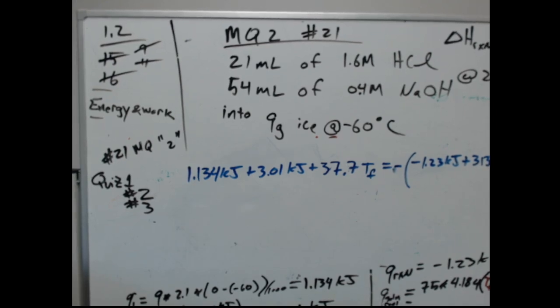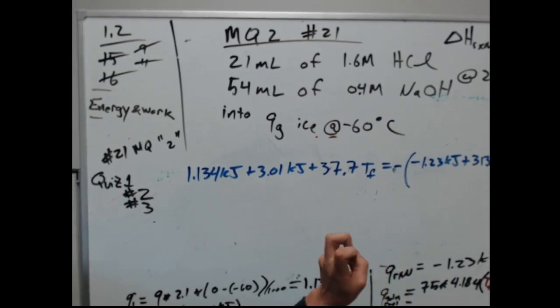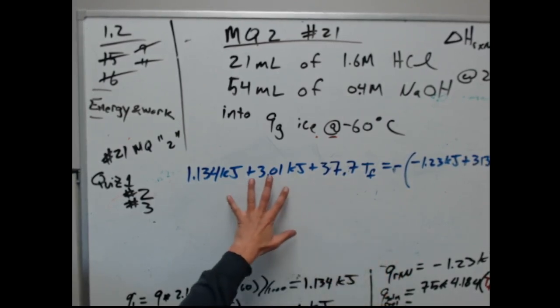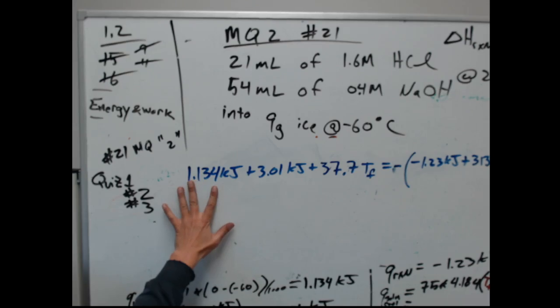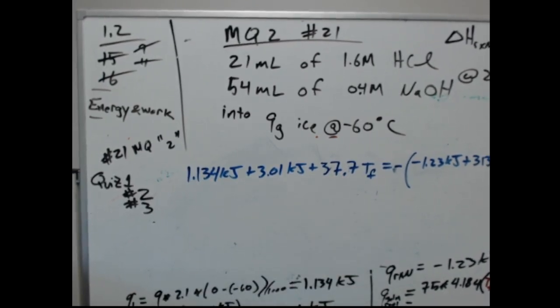Right, so the reaction is going to kick out energy. The warm water, the reaction water, is going to kick out energy. They're both going to kick out energy into the ice to heat the ice, melt the ice, and warm that melt. Lots to keep track of. Like you said, it's not hard to solve, it's just steps.